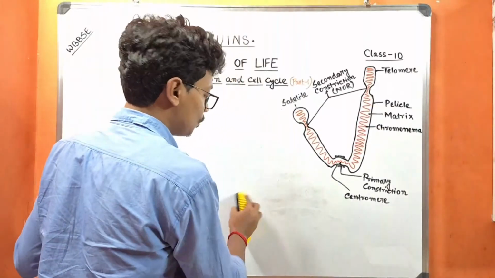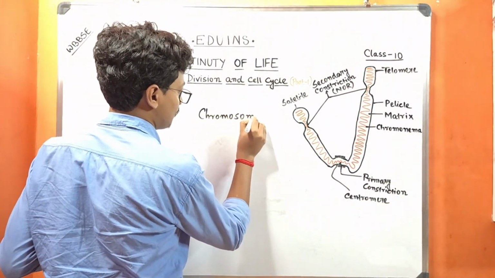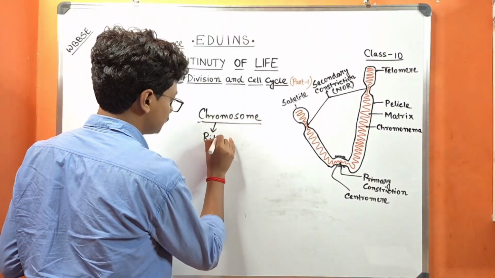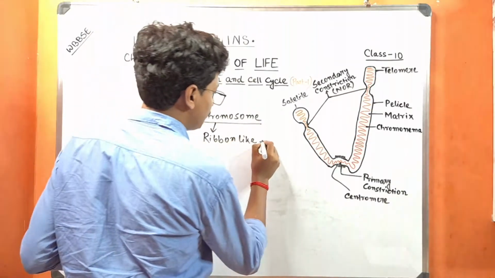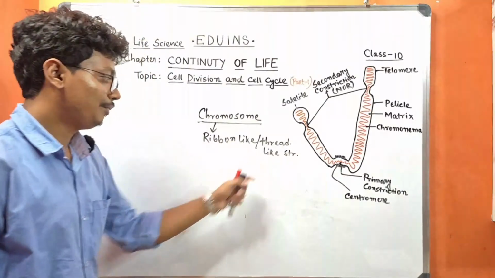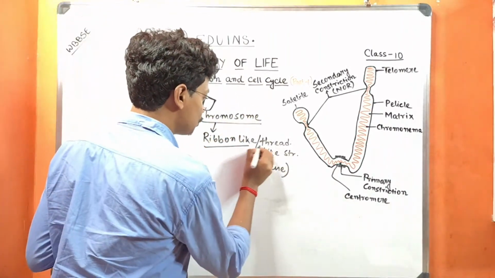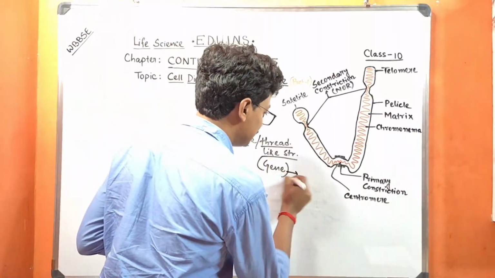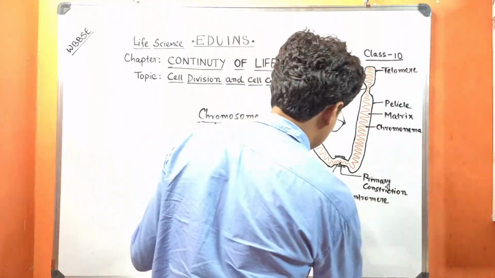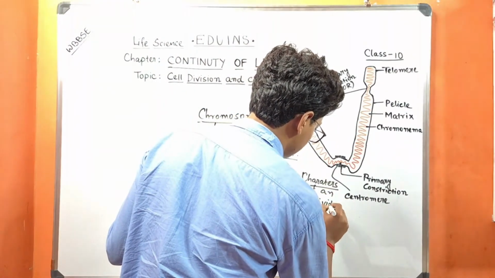So what is a chromosome? A chromosome is a ribbon-like or thread-like structure which contains genes, that is, the characters of an individual being.